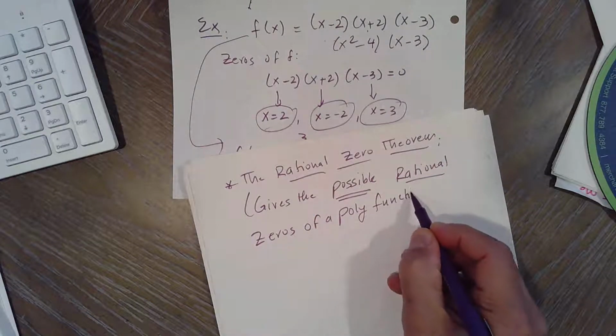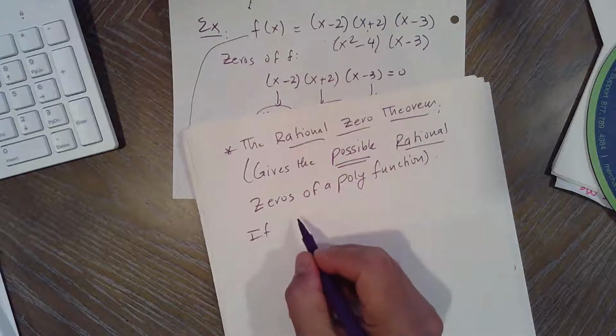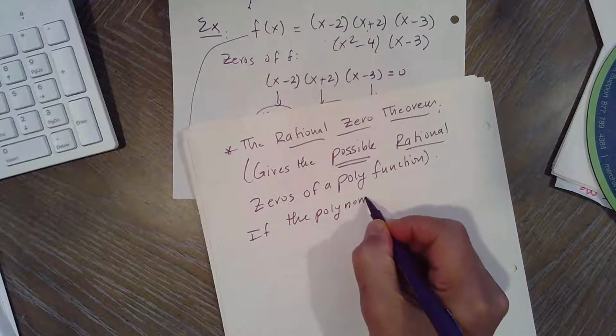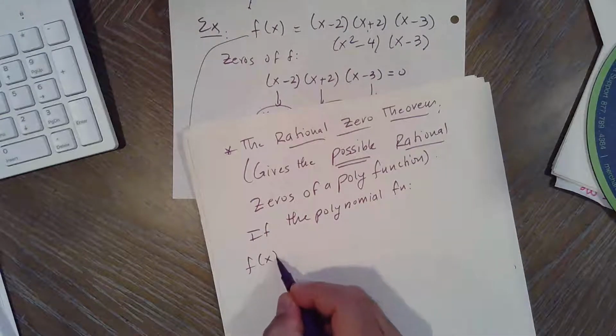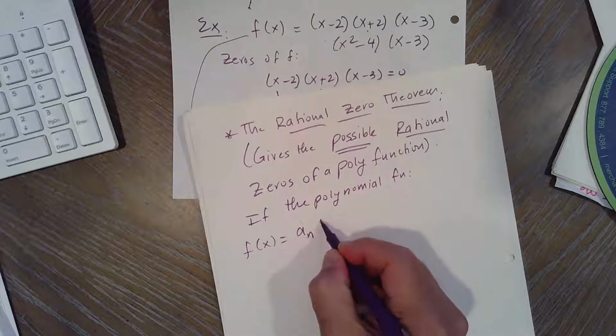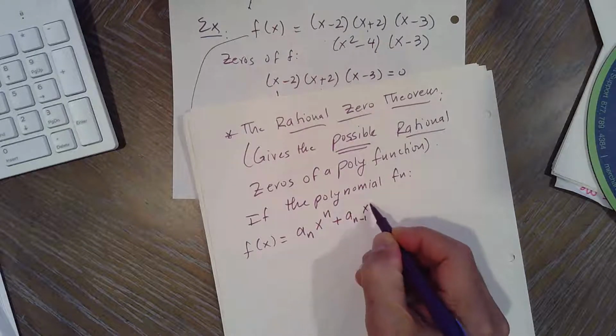Okay, and what is that? So I'm going to write the general formula, don't get confused with that: f of x equals a_n x^n plus a_(n-1) x^(n-1).